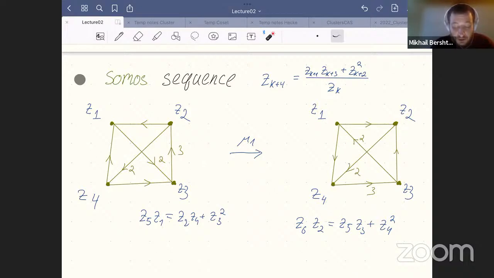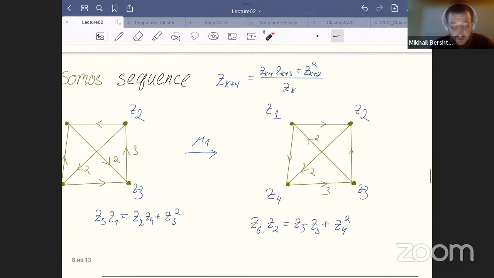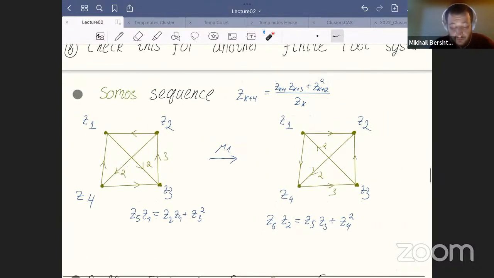I mean, there are some checks. Using this argument, I reconstructed the quiver, but maybe it wasn't so obvious, and actually I should show that all edges agree. I checked only some of them, but it's true. So we get this funny quiver for which mutation at the first vertex is an automorphism.